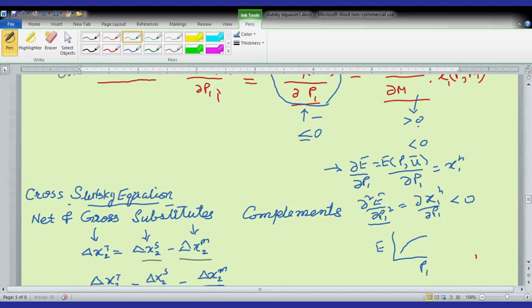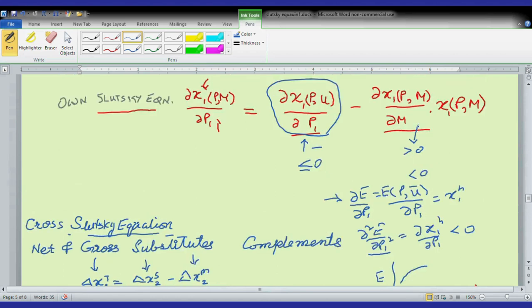Given that this second term, ∂x1 over ∂m, is greater than 0, this is positive, and when this positive sign combines with this negative sign, we get a negative sign, and so this means both terms on the right hand side will be negative.